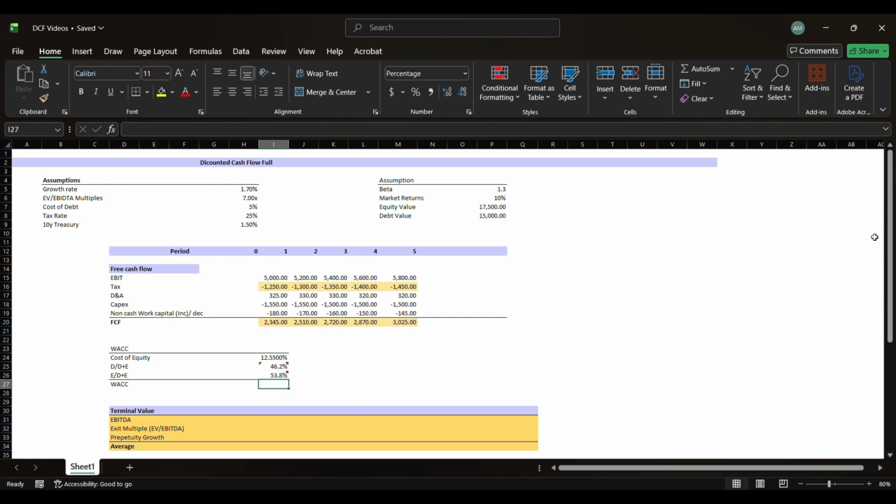The formula of weighted average cost of capital is weight of equity into cost of equity plus weight of debt into cost of debt into 1 minus tax rate.